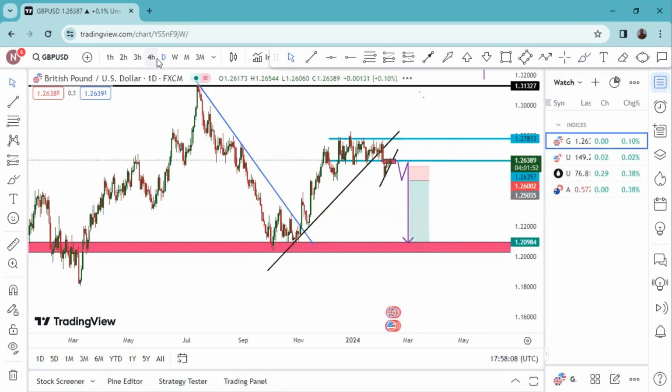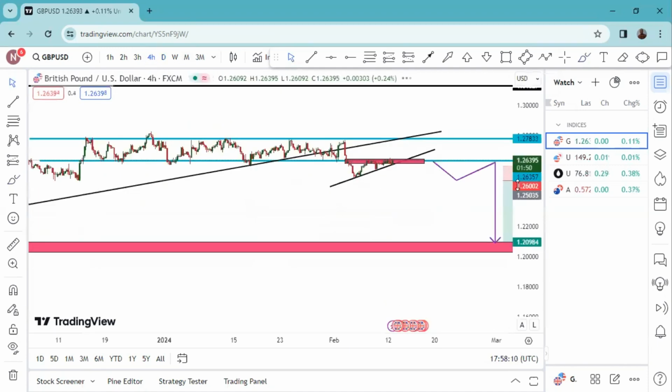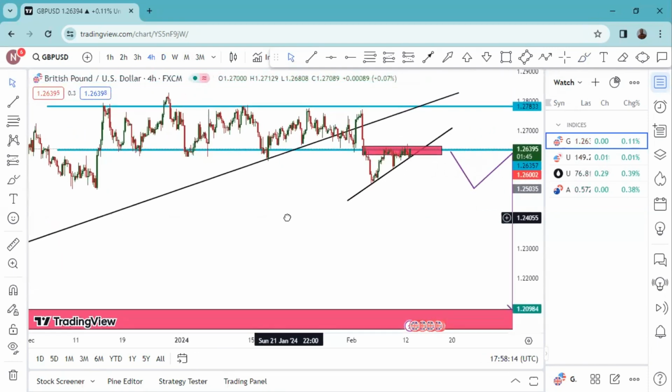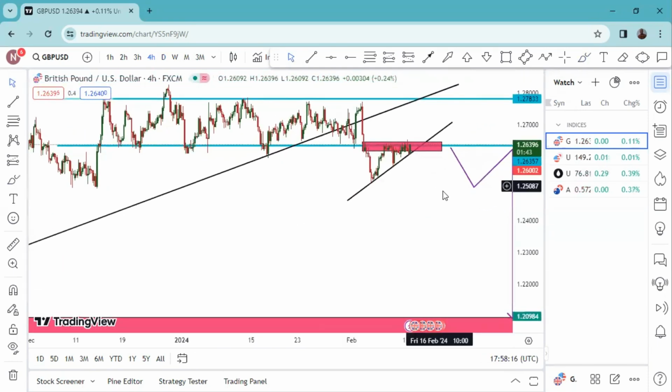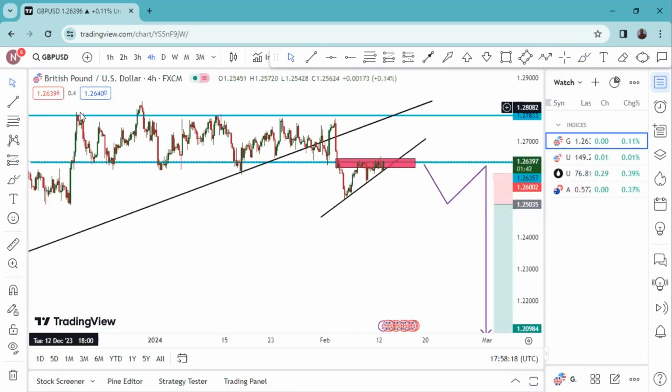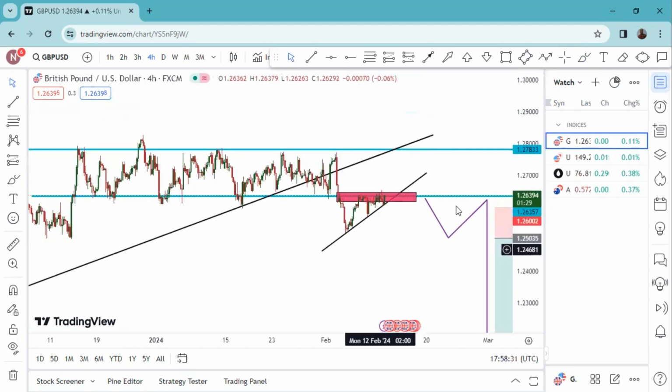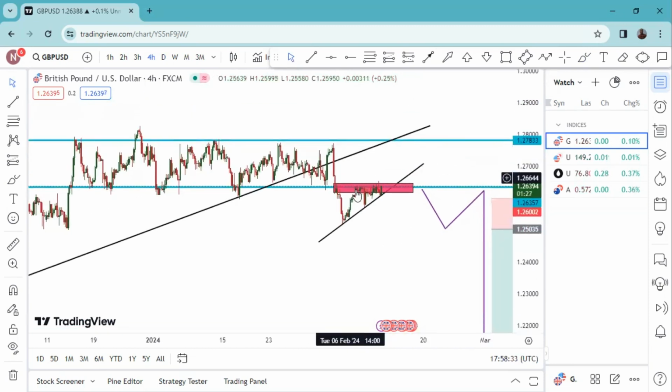So I will come to my 4 hours and look at how the market looks. In my 4 hours, this is a zone where the market consolidated for a very long period of time. But now the market has broken to the downside, and the market has retested to this level.